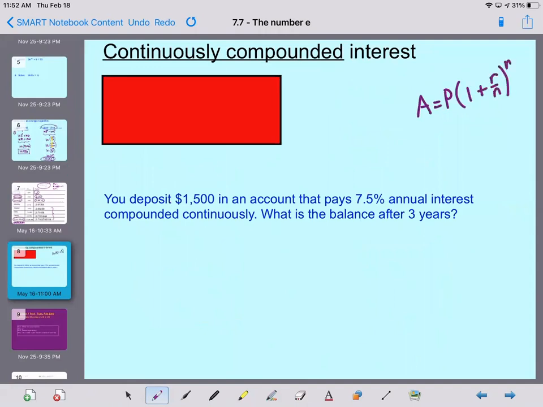This was the formula we used for compounding monthly, quarterly, weekly, etc. We're not using that one right now. As soon as you see the words compounded continuously, or continuously compounded, either way, you are going to think about this formula.